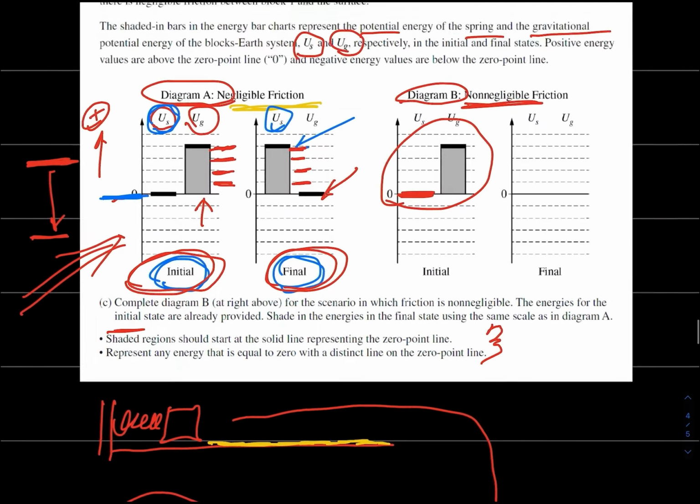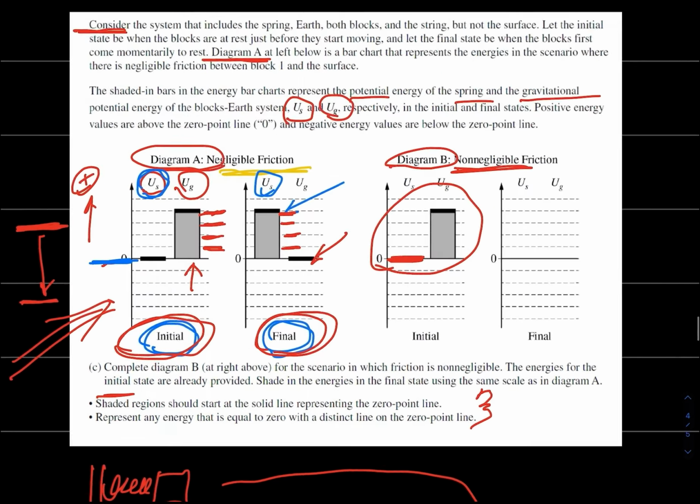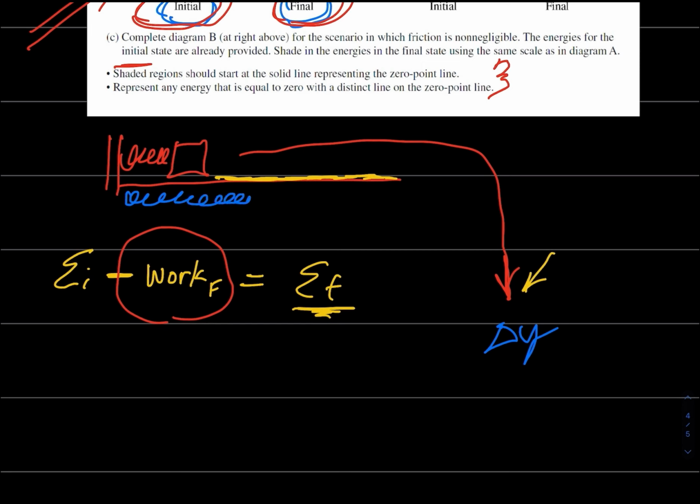Well, when it descended the first time, it loaded up on potential energy in the spring. If the mass descends that entire delta Y, the spring is going to get stretched as much as it did the first time, and when the mass stops, the spring is going to have that same amount of potential energy in it. And look what happened. We didn't lose anything to friction, but we had to lose something to friction.